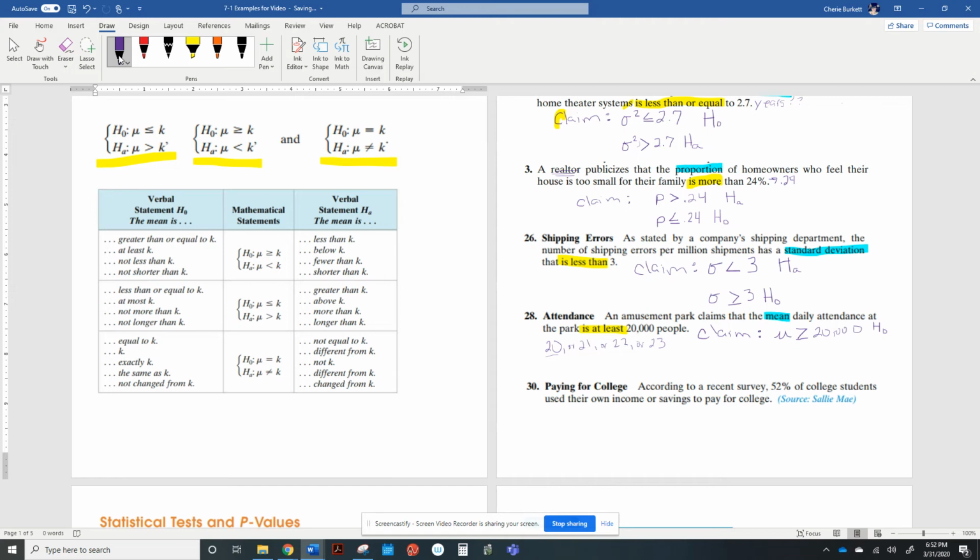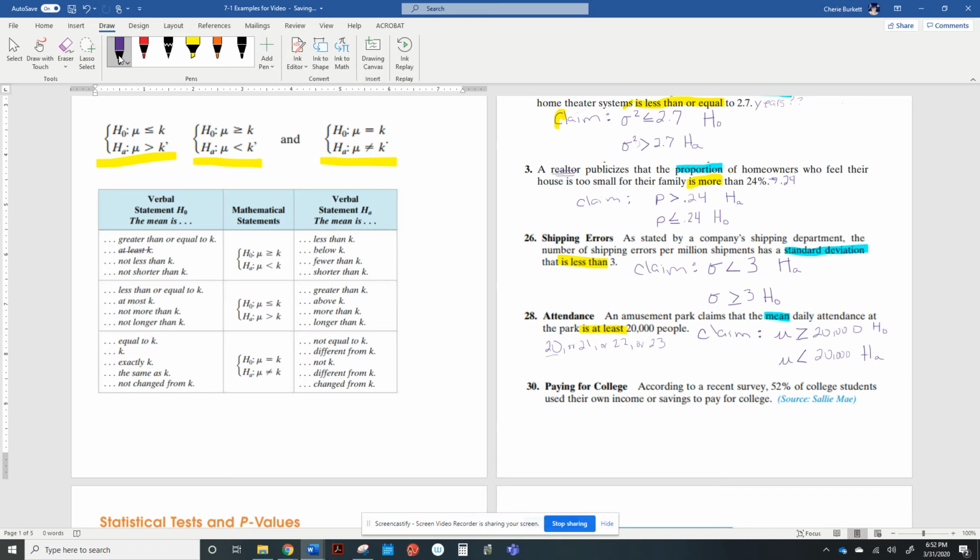The opposite of being bigger than or equal to 20,000 would be being smaller than 20,000. The mean would be smaller. And if the mean is smaller, then that means it is the alternative because it does not contain equality, which is exactly what we found at least. And that's what it said it would be. The null would be greater than or equal to, and the alternative would be less than.